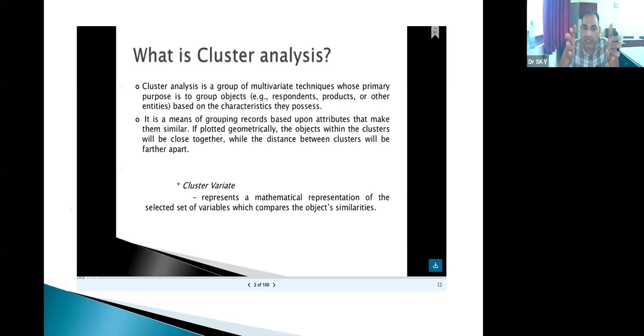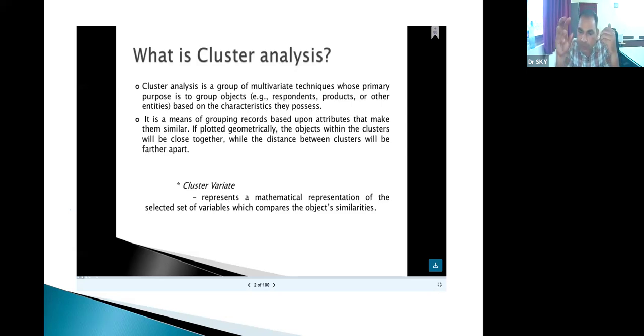See, there are two things. We have several objects and we have several characteristics of the objects. If we are grouping the characteristics on the basis of their similarity, then this technique is known as PCA. There we reduce the dimension of the variables or characteristics under consideration.